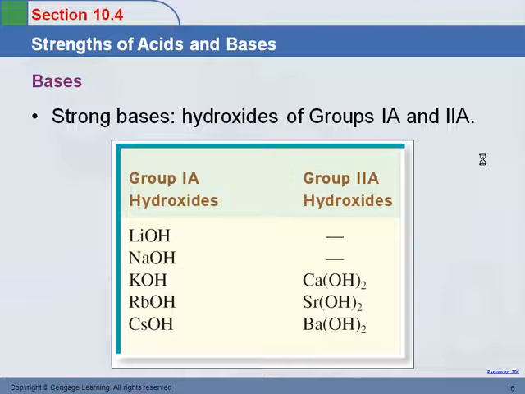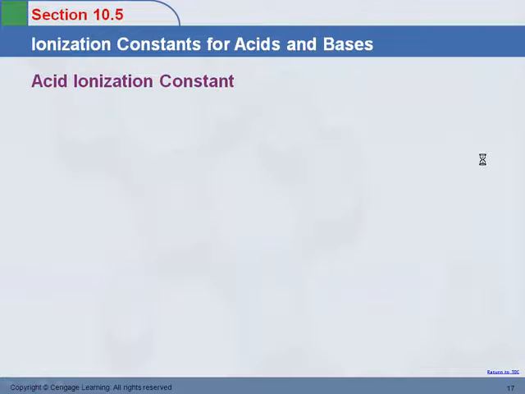And then starting at row number 4, going down to row number 6: calcium, strontium, and barium. Whenever you see these metals paired with hydroxides, those are strong bases, which means everybody else is a weak base, which is nice. Same goes for strong acids. Those strong acids that you memorize, oh, and by the way, you need to memorize the strong bases as well. What's handy about knowing those is that everything else is weak.